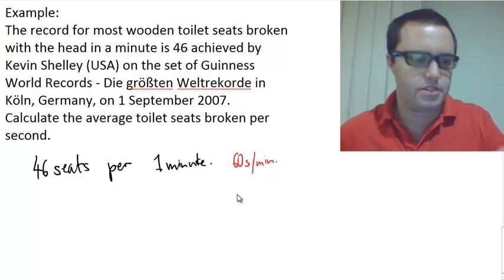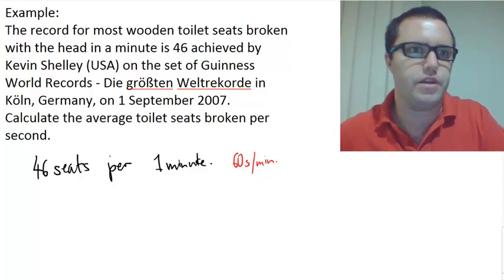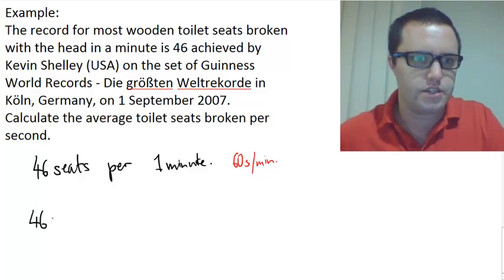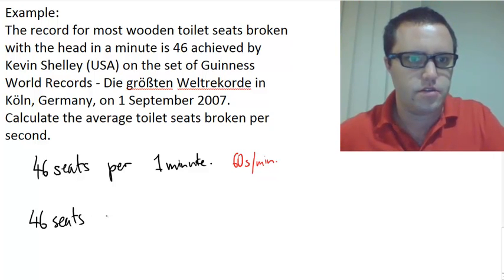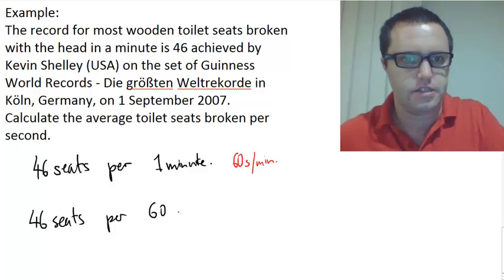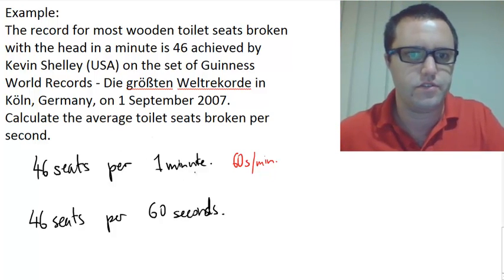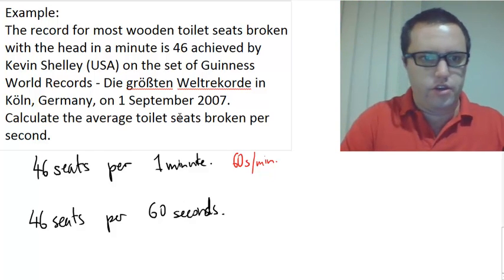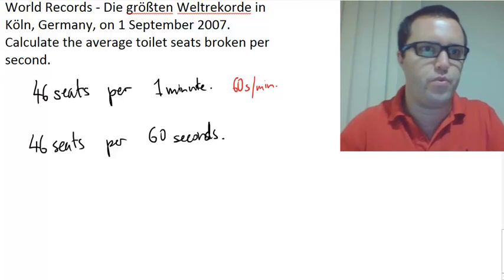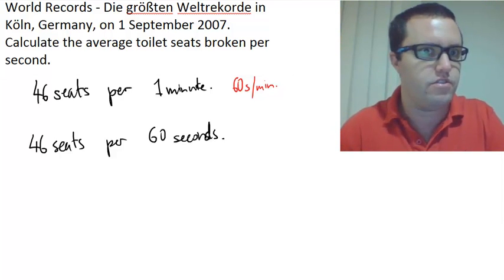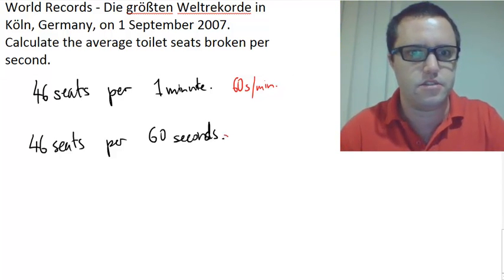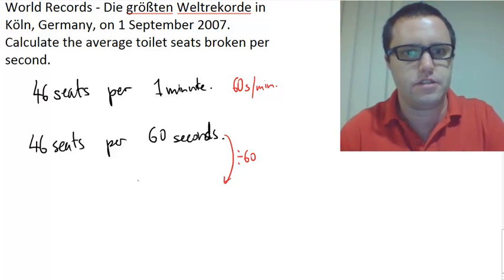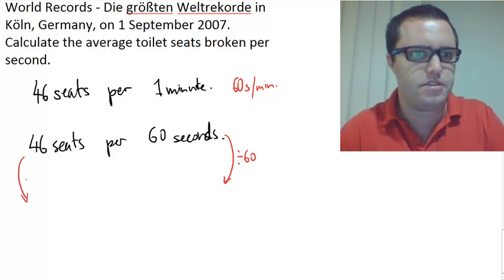Right, so 60 seconds in a minute, so we can do instead 46 seats per 60 seconds. We haven't changed anything really, we've just changed units from minutes to seconds. So then we need to go to every second. To get from 60 seconds to 1 second, we're going to divide by 60. That means we need to divide this side by 60.